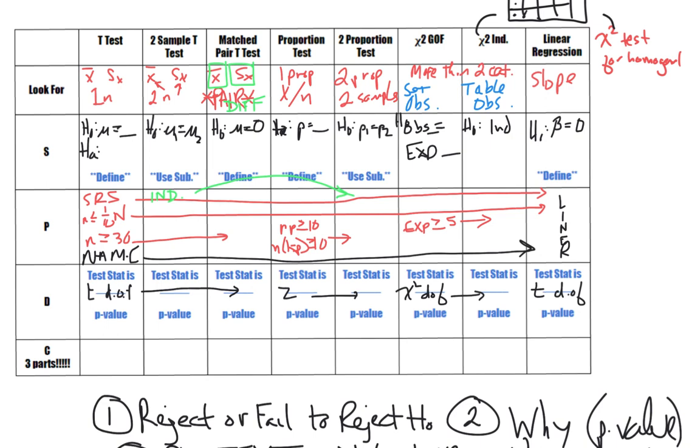What AP score you got, but two samples, and you're comparing those two samples against each other on multiple categories. Okay, so that's what we're looking for, two samples. I guess we could have more, so I'm going to put two or more, and then multiple categories. That's what we're looking for.